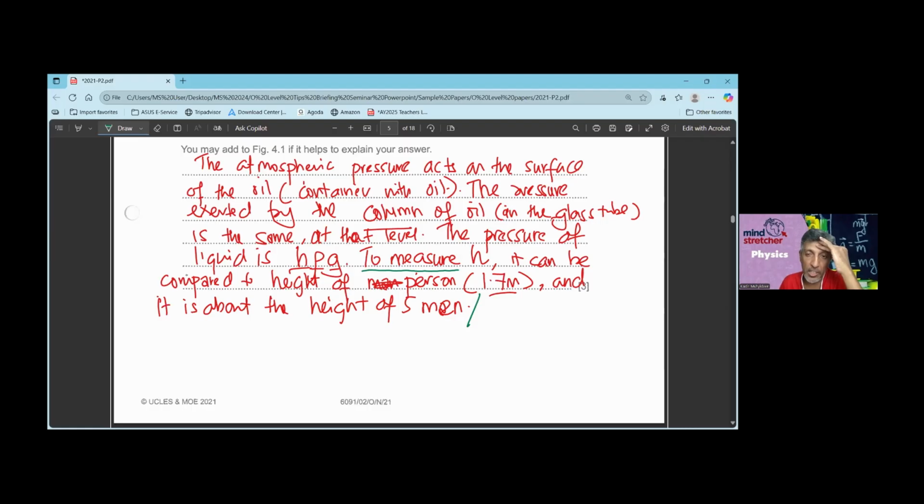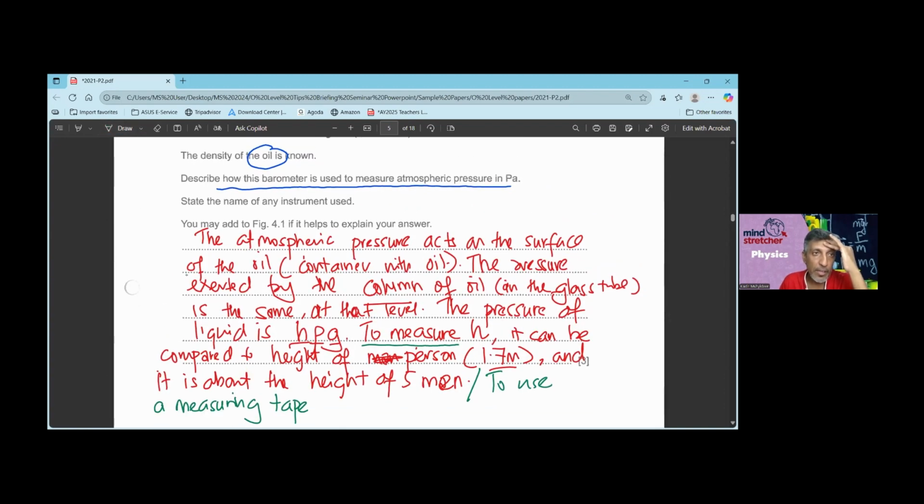Another option is to use a measuring tape. They talk about the apparatus and ask you to state the name of any instrument used.